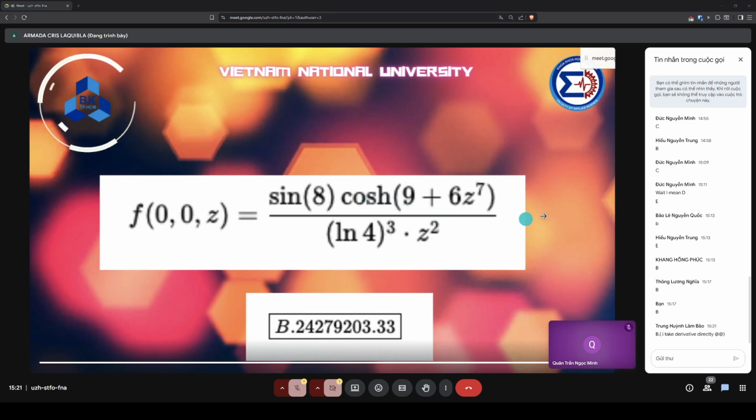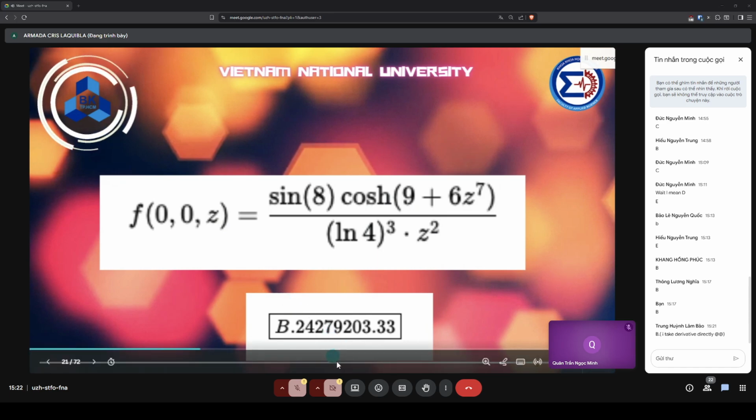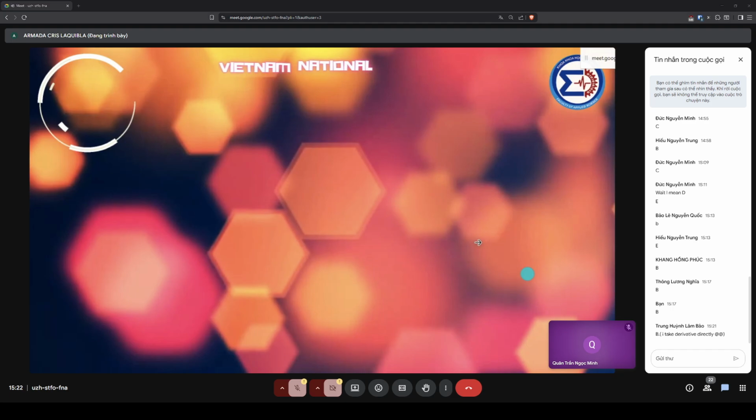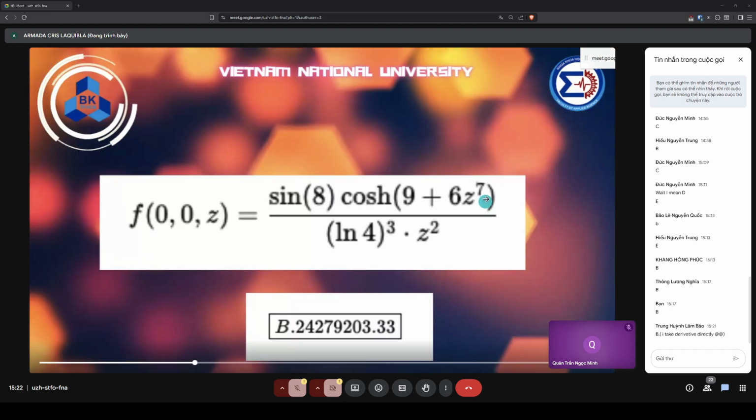Minus copy cosh of 9 plus 6z to the 7, and then multiplying the derivative of the denominator there, we have 2z. So over z squared squared, or z to the fourth in the denominator. Now your z is only 1 there because you have here 0, 0, 1. So what will happen here, we have times the z to the 6, it becomes 42 only.